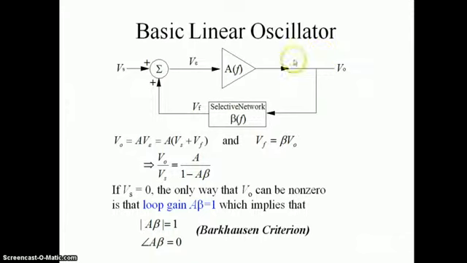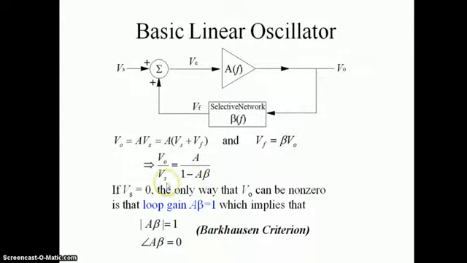The basic linear oscillator principle is that this equation denotes the output divided by input. The input source is mixed with the feedback, and the output goes to the amplifier. The output is in a positive term, so we have a positive feedback gain.